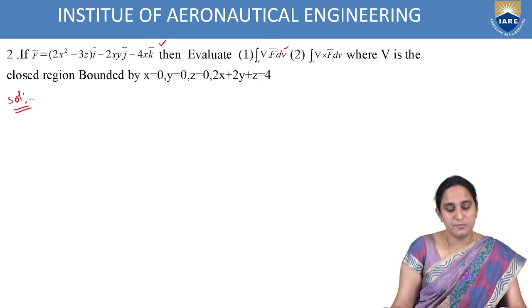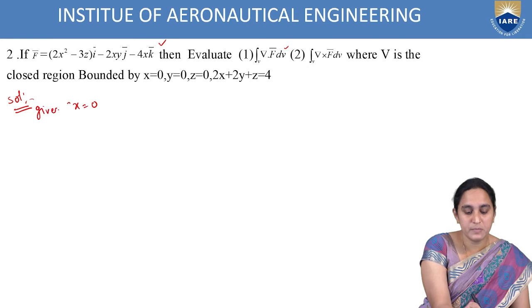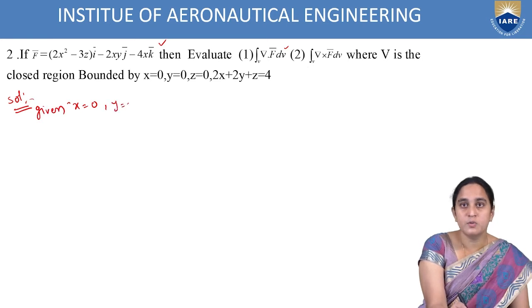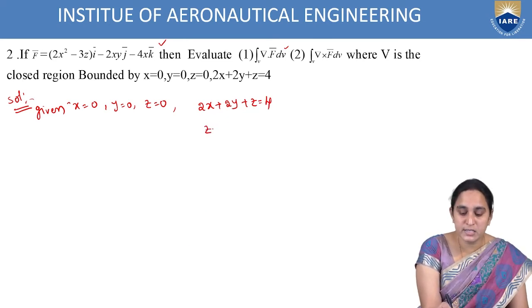First, from the given surfaces, x is 0, y is equal to 0 and z is equal to 0. And the surface is here 2x plus 2y plus z is equal to 4. From that I am taking the z limit point, that is z is equal to 4 minus 2x minus 2y.